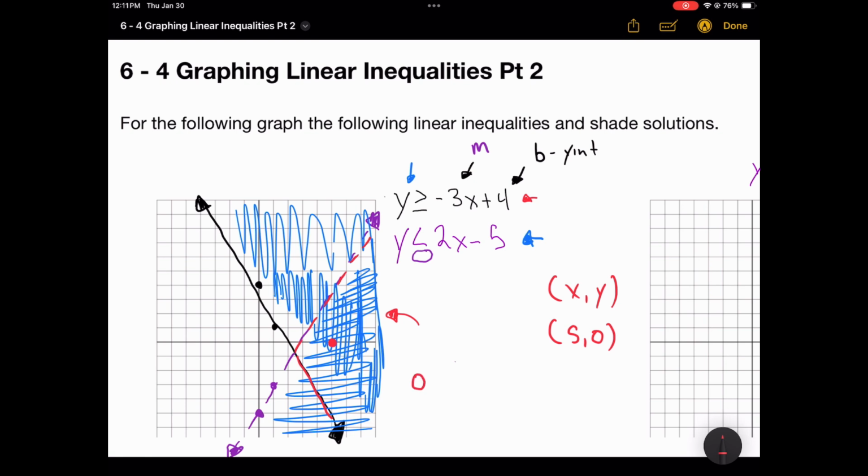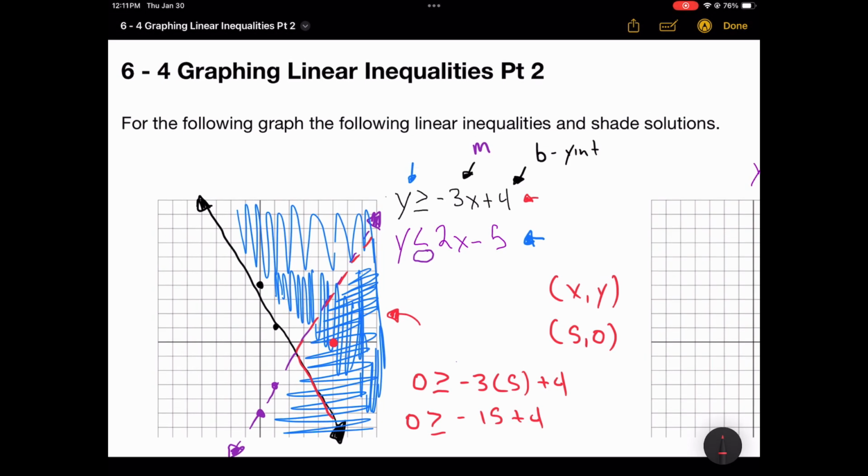Y, which is 0, because that's the point I chose, is greater than or equal to -3 times 5 plus 4. Well, -3 times 5 is -15 plus 4. -15 plus 4 is -11, which is less than 0, so that is a true statement.